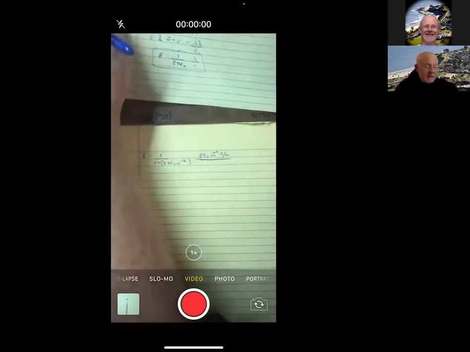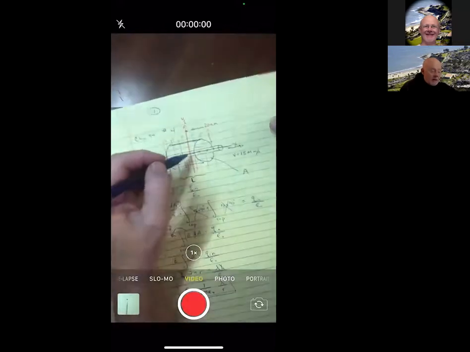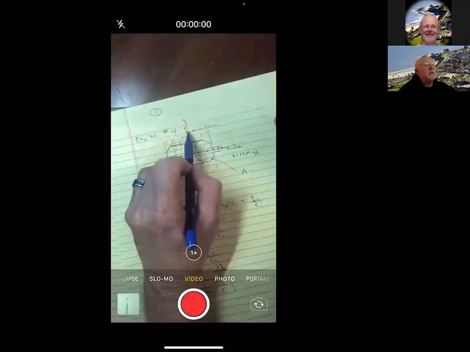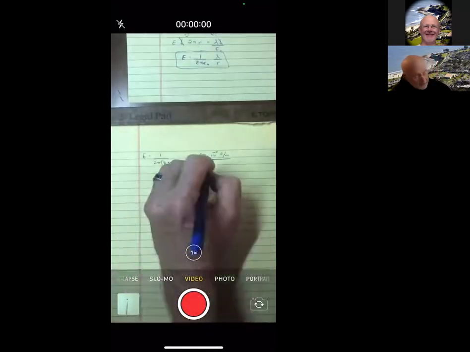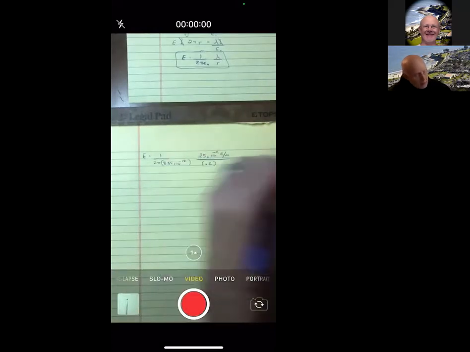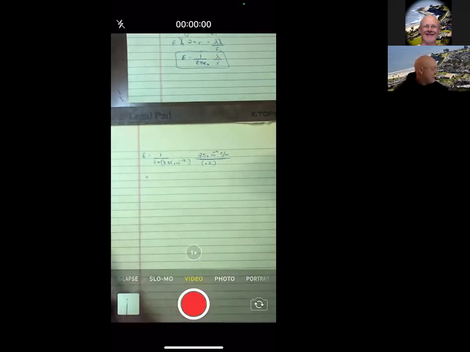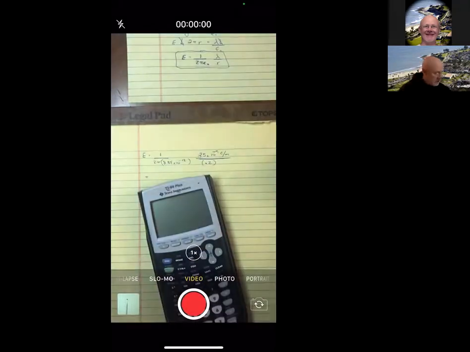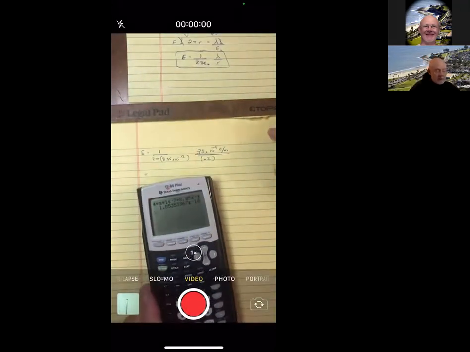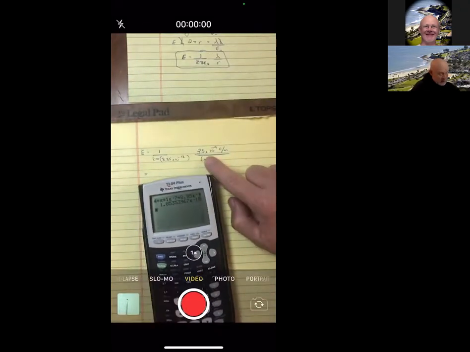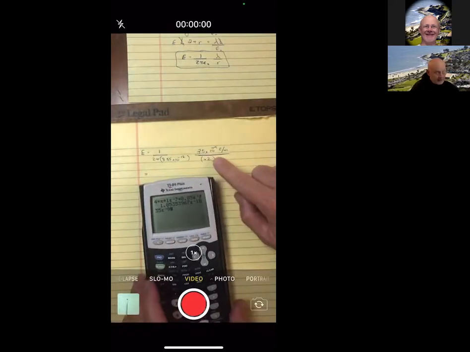And then the distance away, R, we said was 20 centimeters away. And so that would, in terms of meters, be 0.2. And so I would get, let's see, across the top, 35 nano.